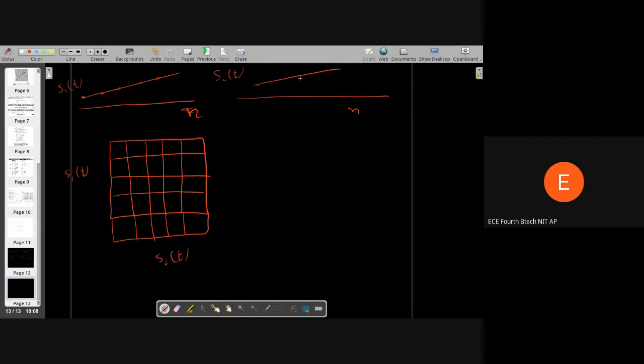In this case, there are the same number of points, but it may not be the same, because let's take an example of a speech signal. The same phrase you speak, your friend might speak at a different time.